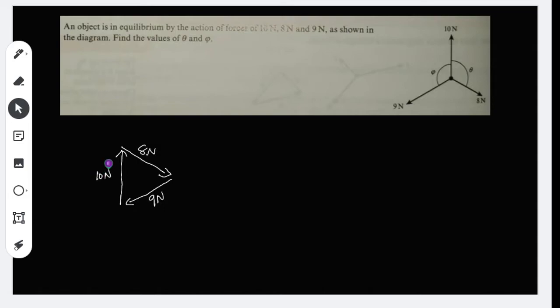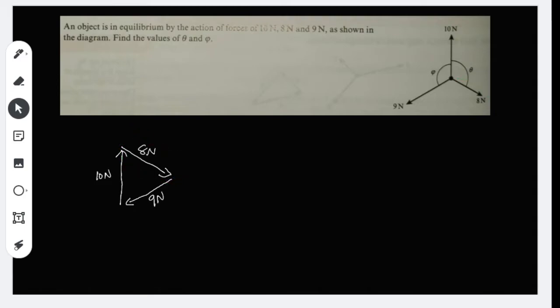Okay, so observe that in your triangle of forces, we just rearrange or redraw the given forces in terms of their own direction. The 8 Newton is going southeast. Look at the direction in the triangle, it's still southeast.